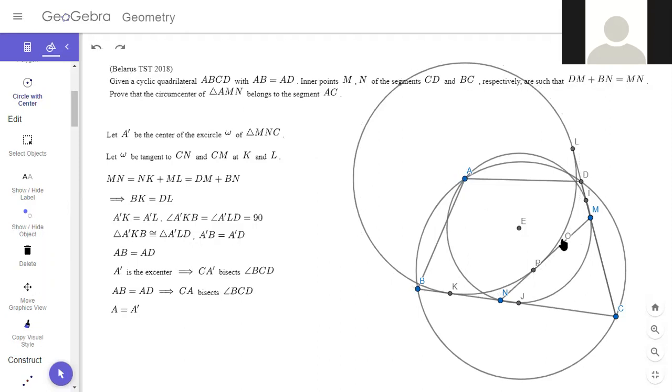So basically we have a kite here. Yeah, so I wanted to show ENCM was cyclic, right? What was my plan to do that? I wanted to show angle ENB is equal to angle EMC.